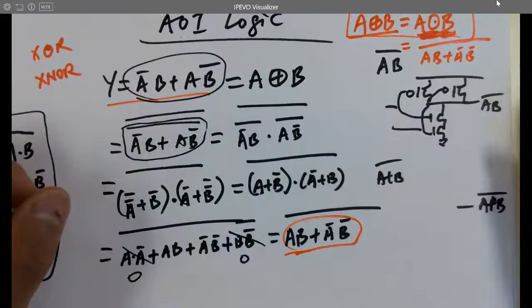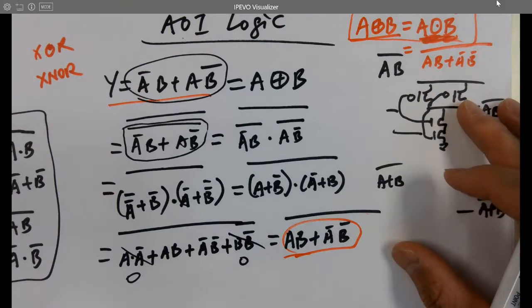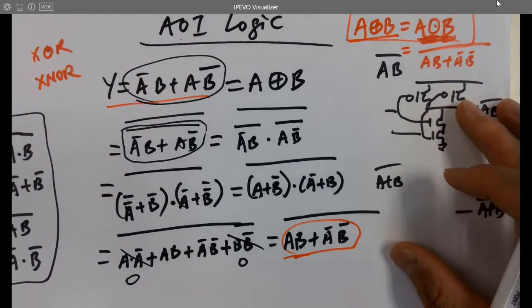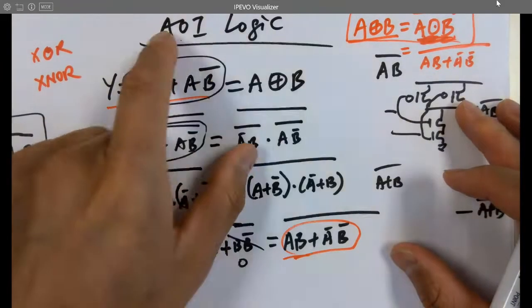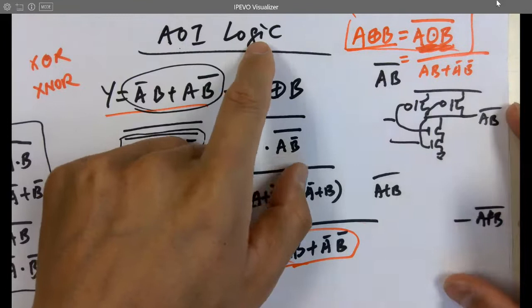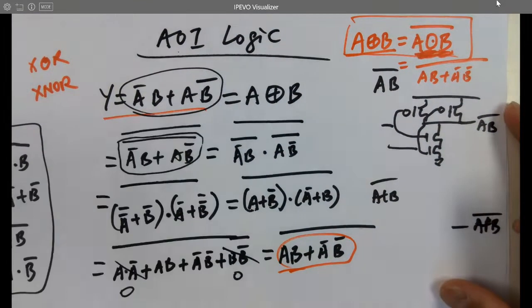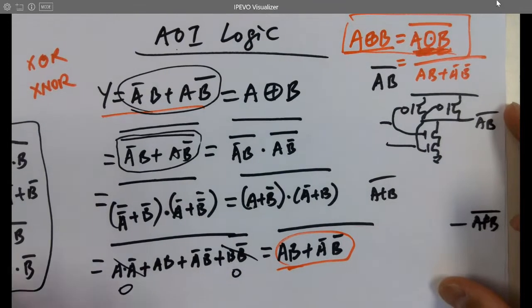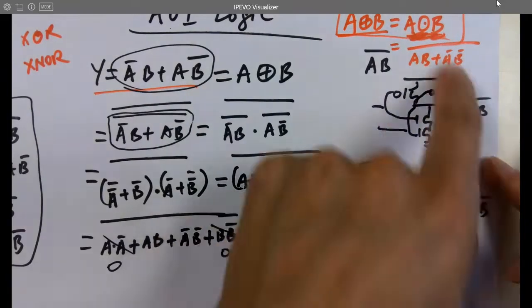But if you want to convert that logic equation into a real circuit, not just using individual gates, because it takes space and so many transistors, however, you want to use AOI logic to form all the circuits to implement that logic. You need to put a bar on the top eventually in order to start designing that circuit.